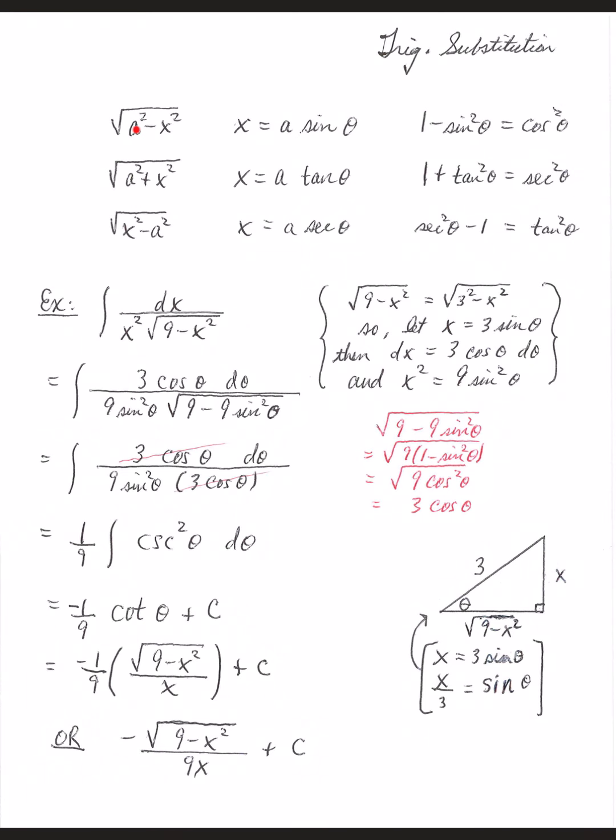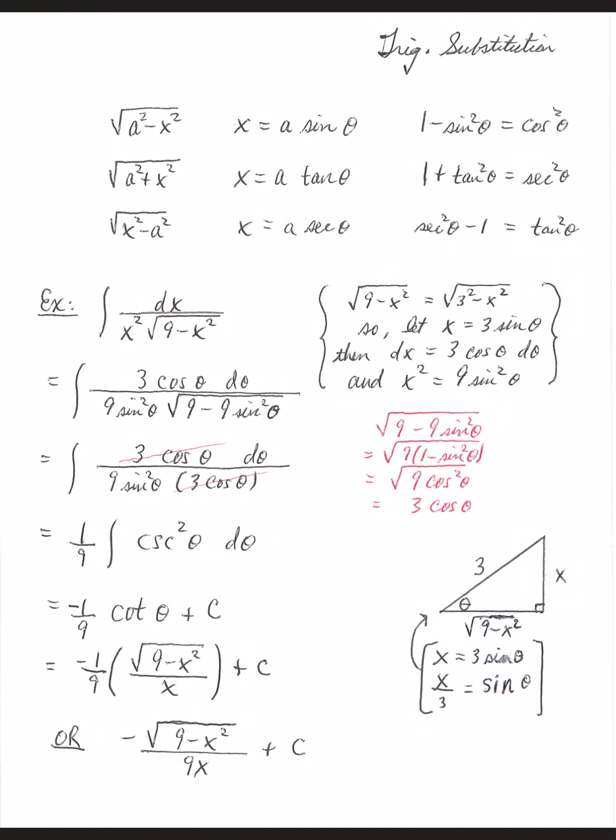And from up here, a is 3 and x is x. X stays the same, a is 3, so we'll use the substitution x equals a sine theta, so x equals 3 sine theta.